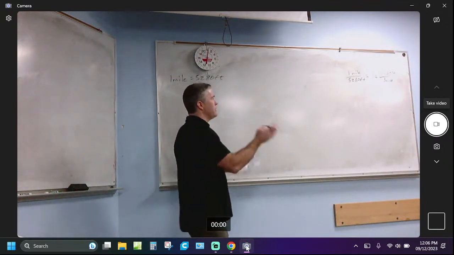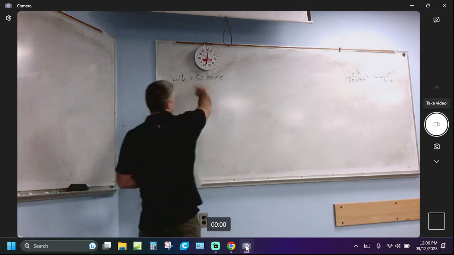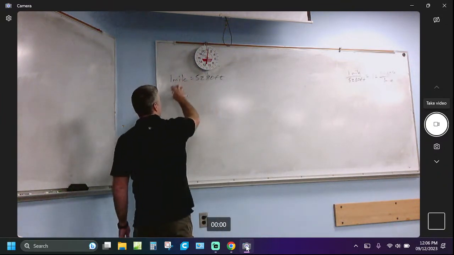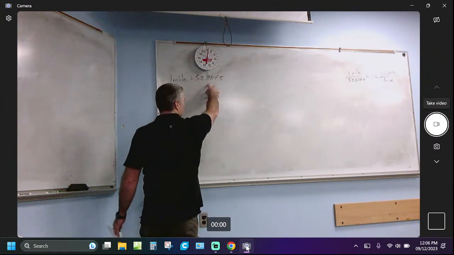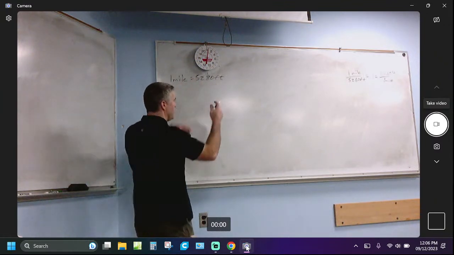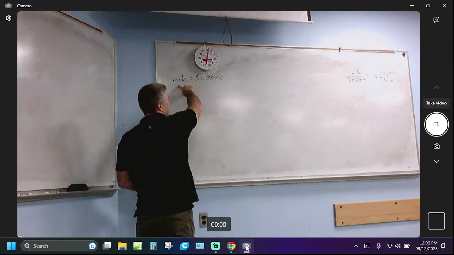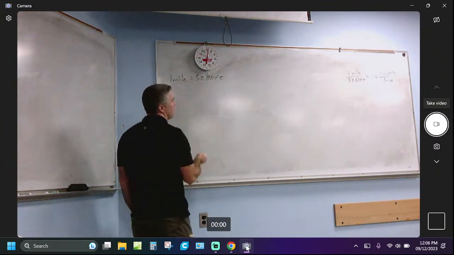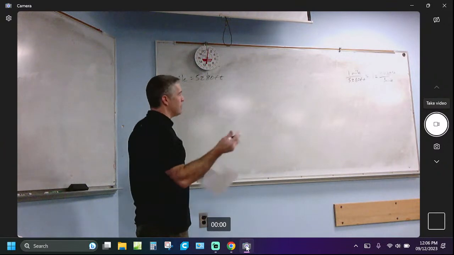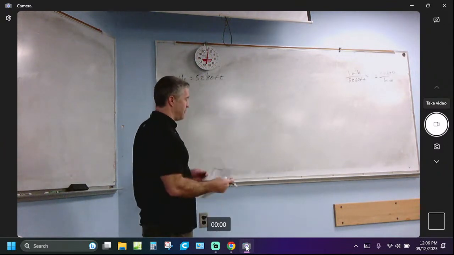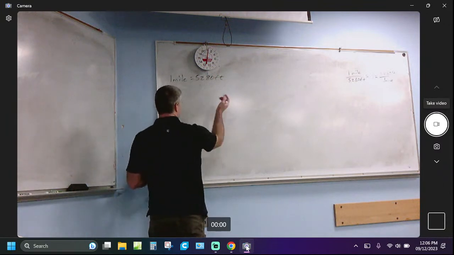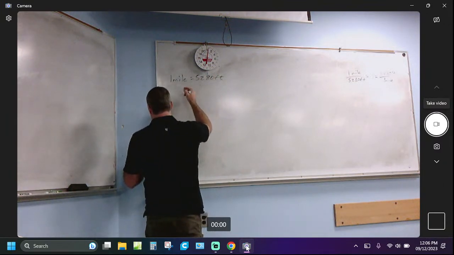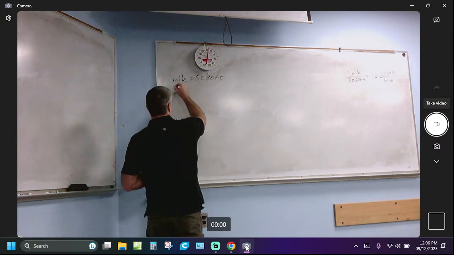So the goal is to take these proportions, this much distance is equivalent to this much distance, and set it up as a fraction with this in the numerator or with this in the numerator. And if you do it right, you can get, in the end, your things to cancel out. You get the right unit. So I'm just going to write a few things that I used in here, and they're way shorter steps to do this.